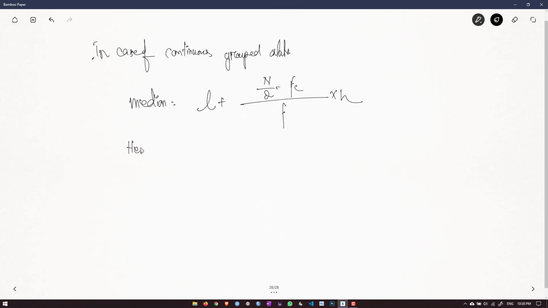Here L is the lower limit of median class.